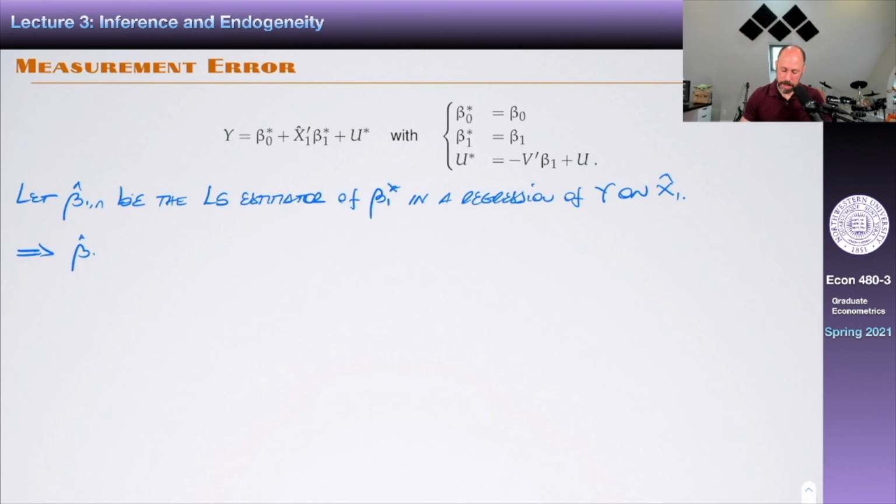Then beta hat 1n will converge in probability to beta 1 plus the expected value of x hat 1 x hat 1 prime, inverse, times the expected value of x hat 1 u star.